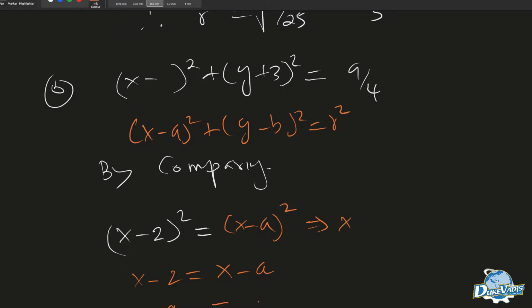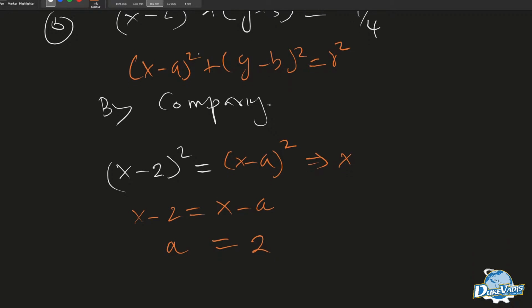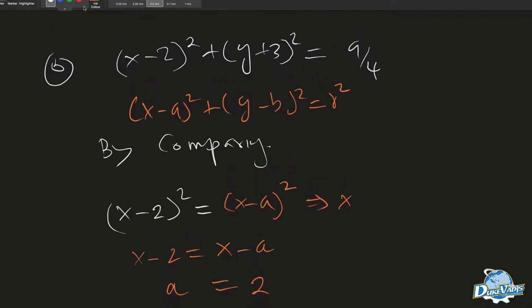So we have 2. Now let's look at the other part where we have y. So y plus 3 squared, and we are comparing it to y minus b squared.